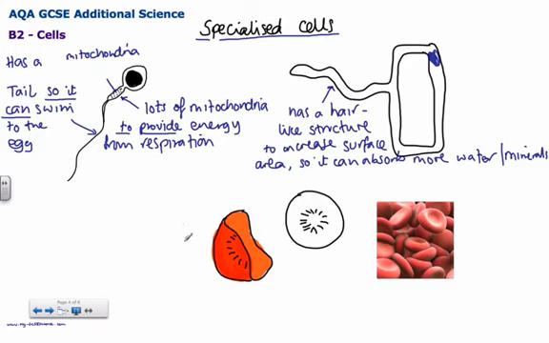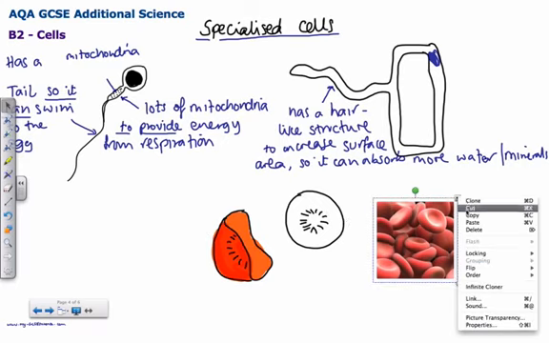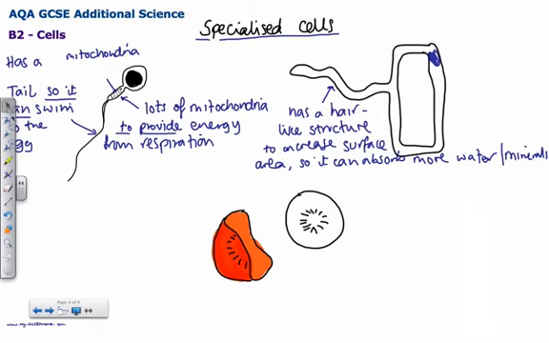The last cell I want to look at now is called a red blood cell. Again, here I've shown a photograph of what red blood cells look like, and that's simply because my drawing is very bad, and you probably wouldn't recognize it if you didn't see a real picture of it. Now, what key features do red blood cells have?